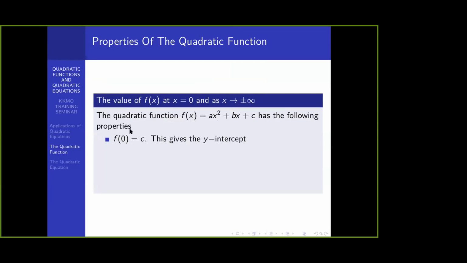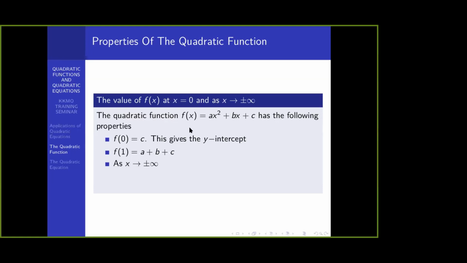So this is the y-intercept of the quadratic function. Now the value of the function at the point 1 is simply a plus b plus c. That also can be useful sometimes. When x is 1, the value is just the sum of the coefficients.